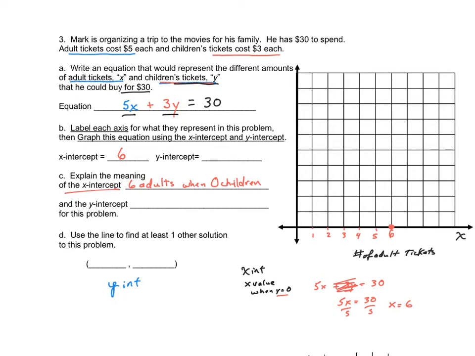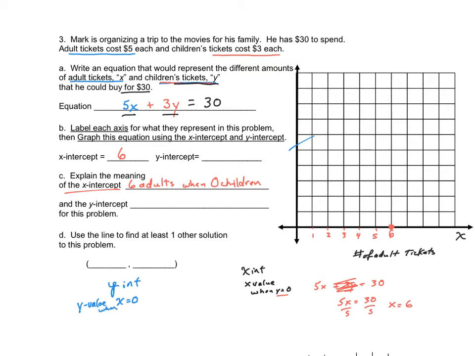So the y-intercept, anytime a line crosses the y-axis, that's the y-intercept. But the ordered pair for that is going to be from the origin across 0 and up or down something. In other words, the x is going to equal 0 at the y-intercept. So the y-intercept is the y value when x is equal to 0.